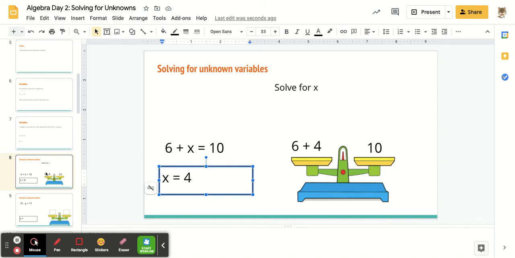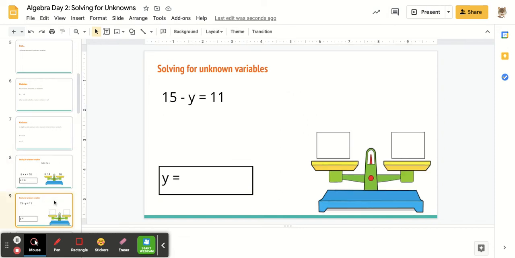So you are going to be solving all of these missing numbers using your scale. So here we have 15 on this side, 11 on that side, and it's asking minus y. So what is y? What is this missing variable? So what would we have to subtract from 15 to get 11?